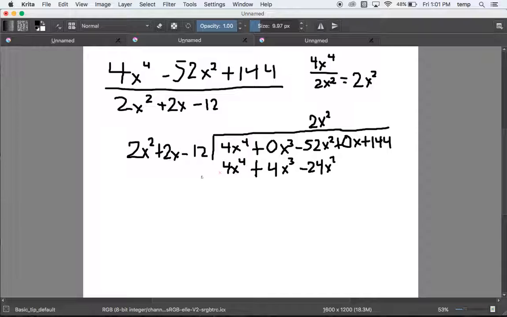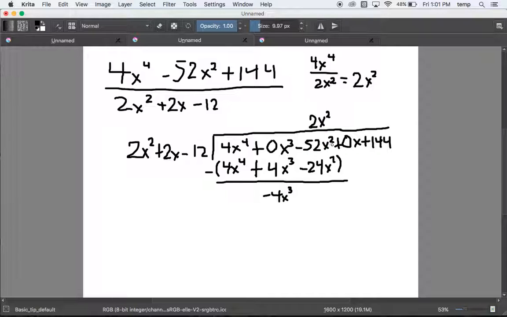Another important thing we have to do is subtract. This is just like long division where you multiply, you get the number, and then you subtract. But we have to subtract this whole thing, not just this first term here. We're subtracting everything. So 4x to the fourth minus 4x to the fourth is 0x to the fourth. And that's how you know you got it right. If you subtract the first term and it's not 0, you did something wrong. Then we have 0x cubed minus 4x cubed, so that'd be a minus 4x cubed.